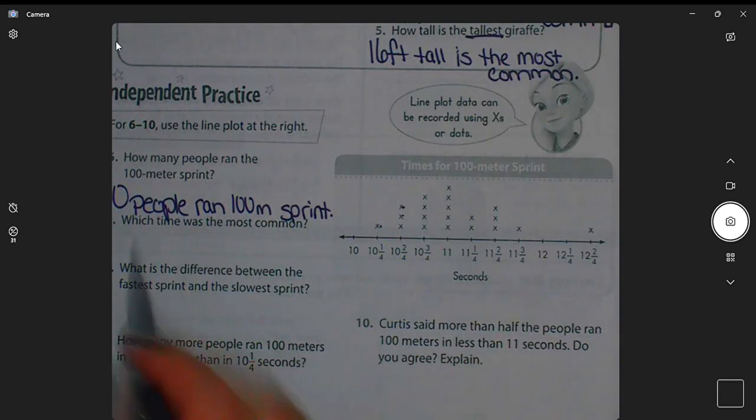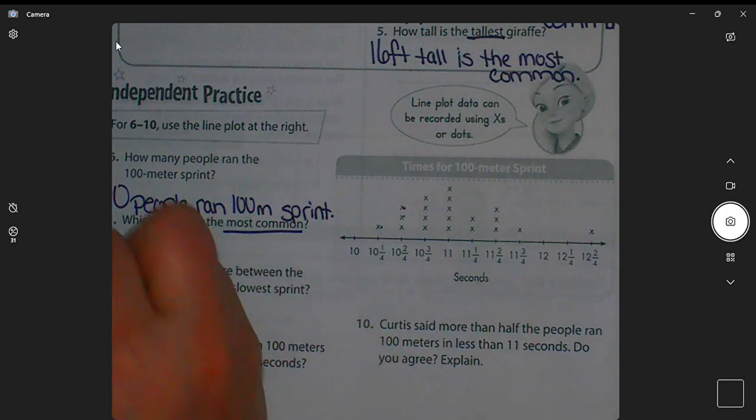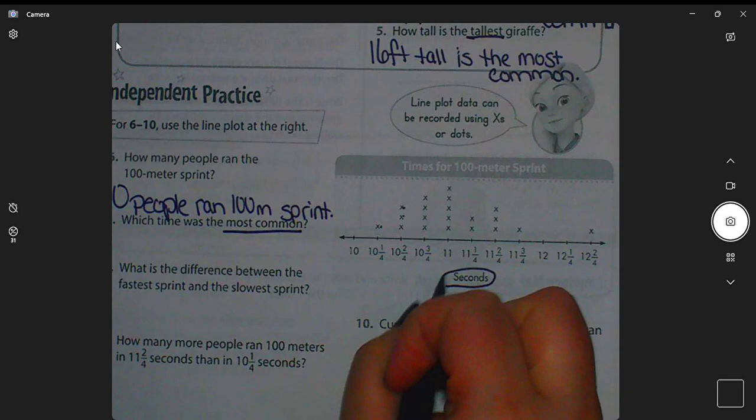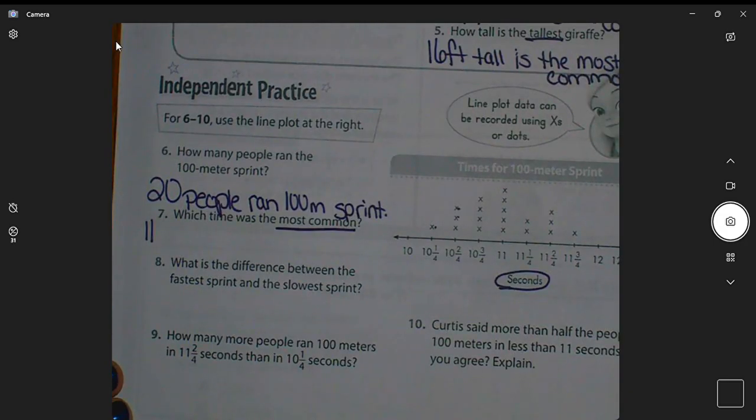Which time was the most common? Which one has the most X's or dots? Yes, 11. 11 what? What is my unit? Right. 11 seconds.